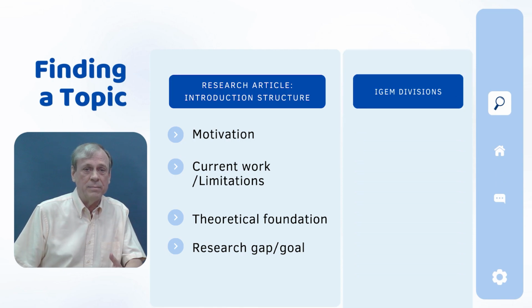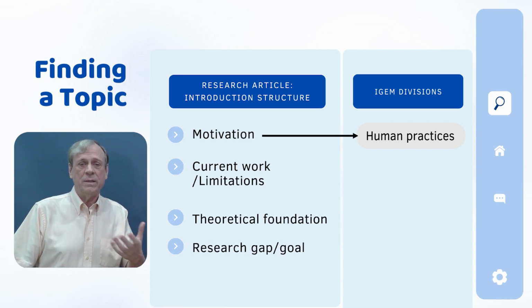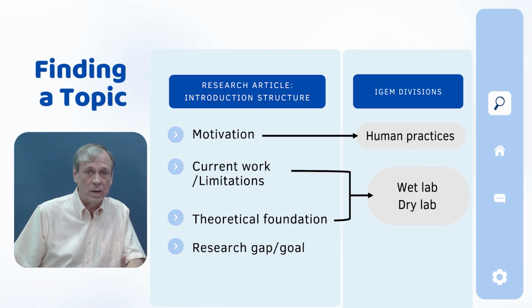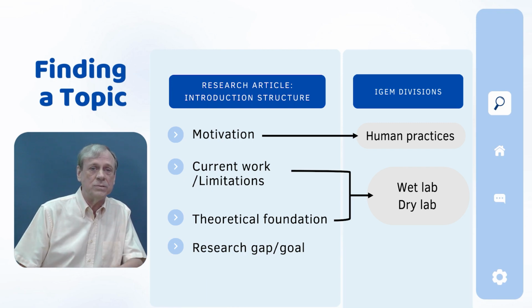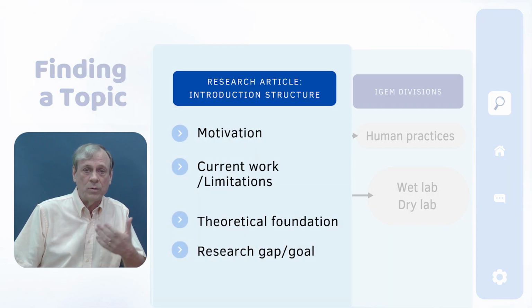And in iGEM, the motivation is related to the human practices. Why do we want to do this? The current work, the limitations, the theoretical foundation, that's related to the work of dry lab and wet lab. And again, all of this leads to a single research goal for the group. So we'll be talking about these four topics in order throughout this unit.